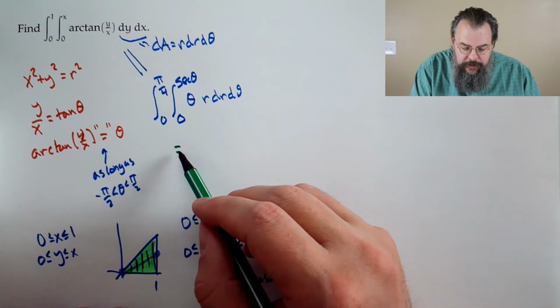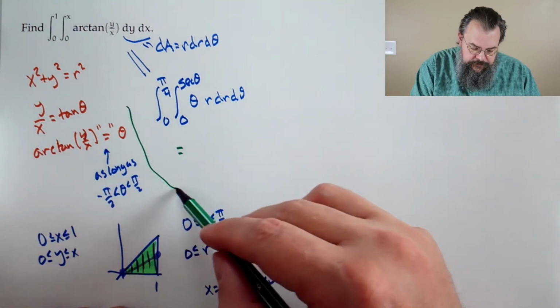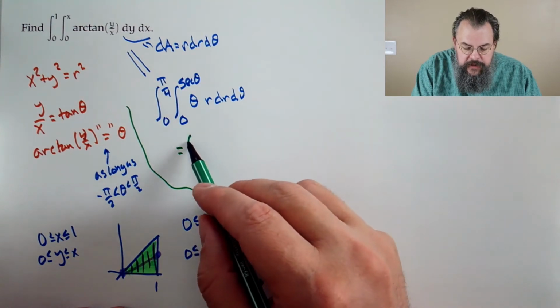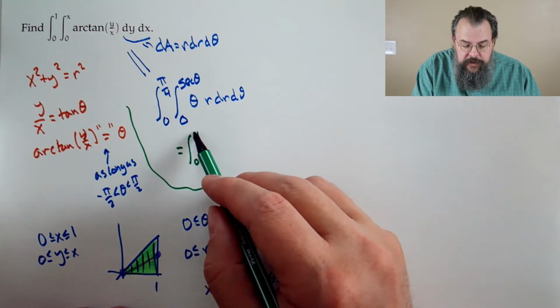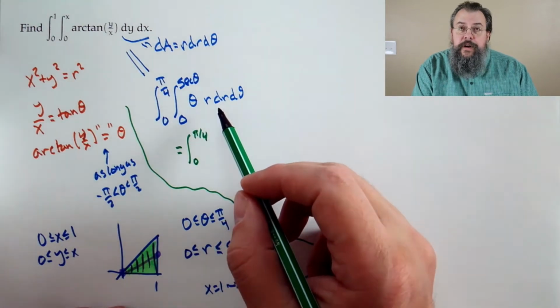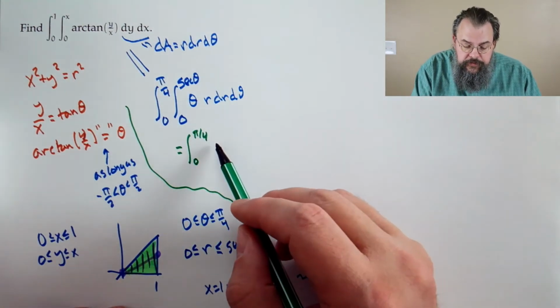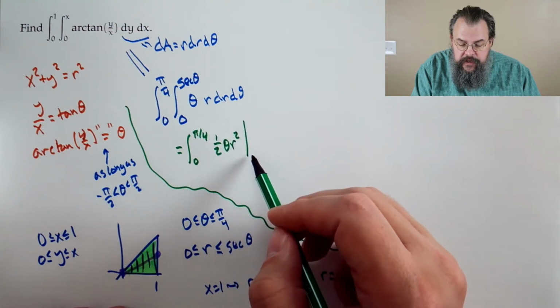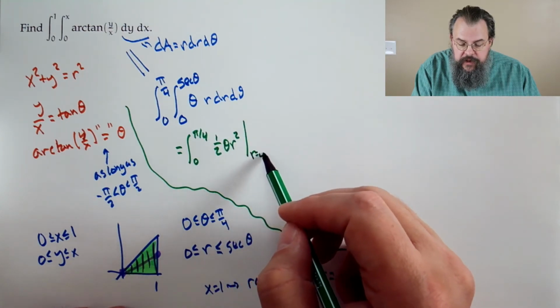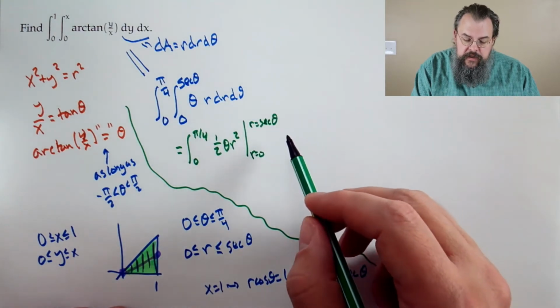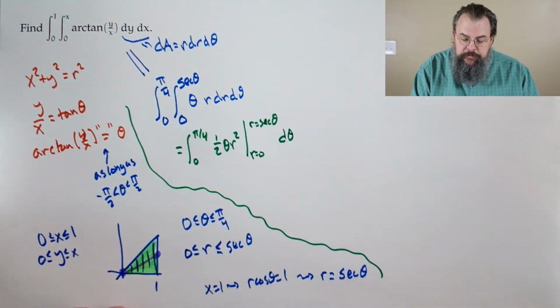Okay, so what do we have? Put this down here. We have the integral from 0 to pi over 4. And when we integrate the first time, we're integrating with respect to r. So 1/2 r squared, evaluated from r equals 0 to r equals secant theta, d theta.